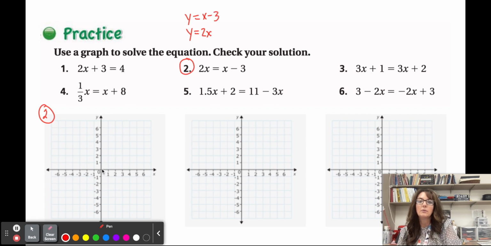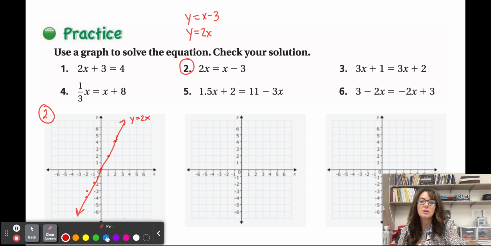Okay, so if I have 2x, I'm going to go up 2 over 1, same as I can go down 2 and back 1. Well, that's not down 2. Sorry. Okay, so this would be the line for y is equal to 2x.